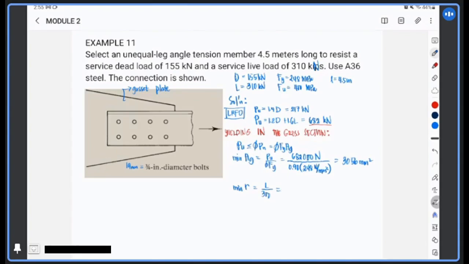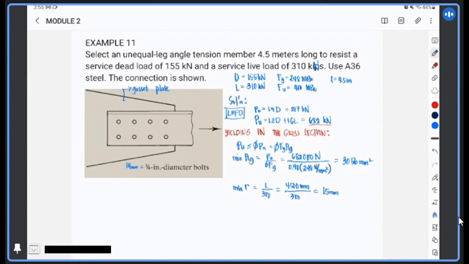We have to express it in millimeters. L is the length. This is 4,500 mm divided by 300, and this is the minimum radius of gyration. 4,500 divided by 300 is 15.